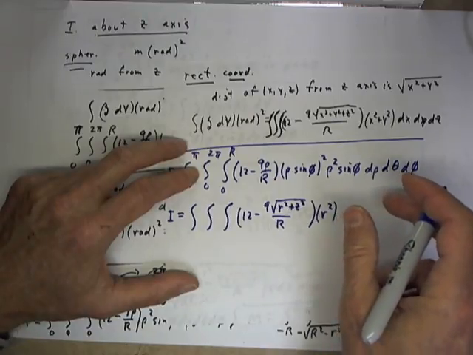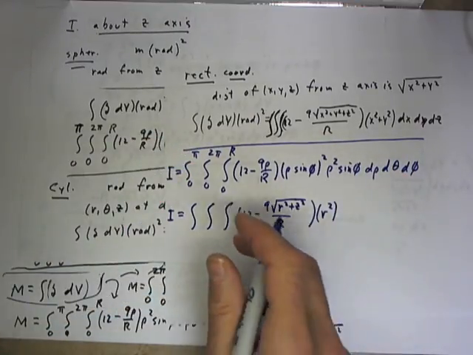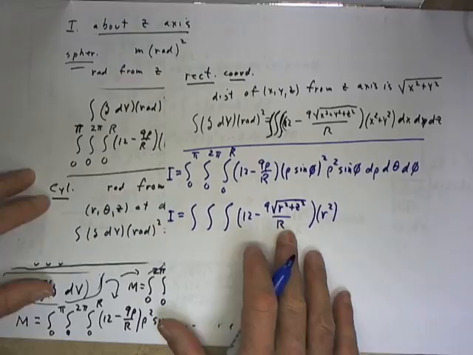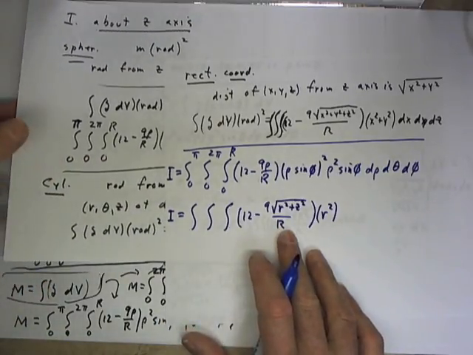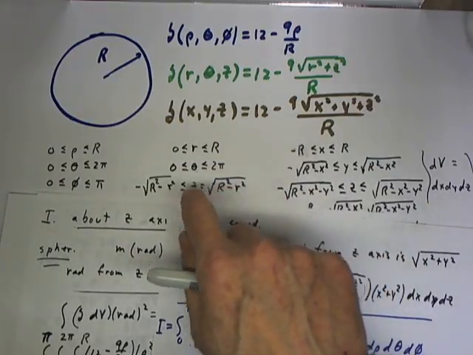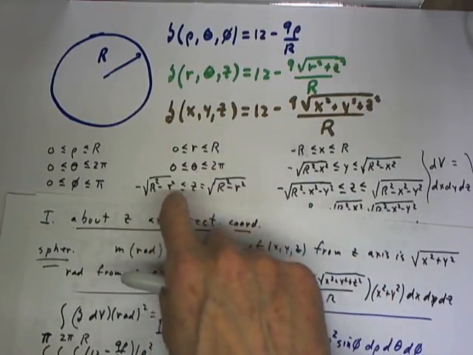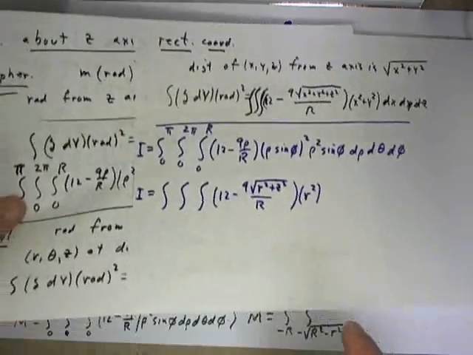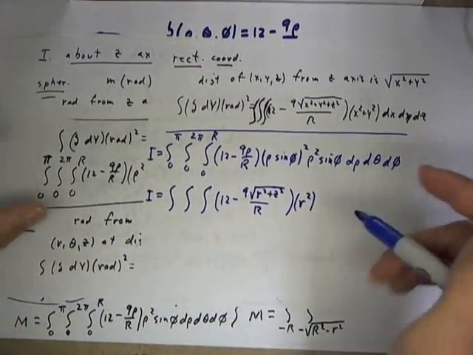R dr d theta dz. And let's be careful about the order in which we integrate. Remember that our description of the region has z running from two limits that depend on r. So we're going to integrate with respect to z first.